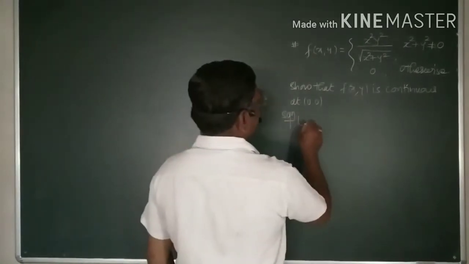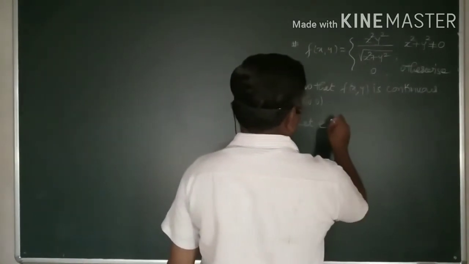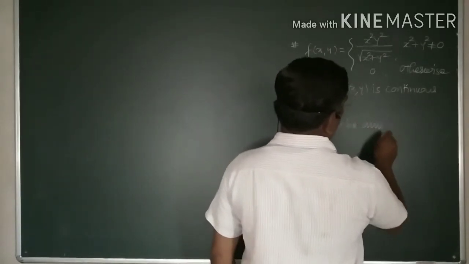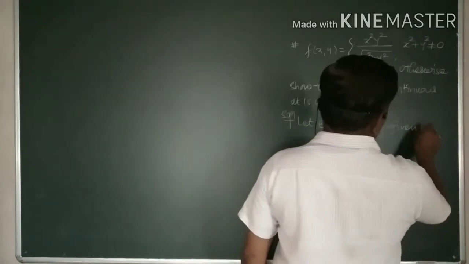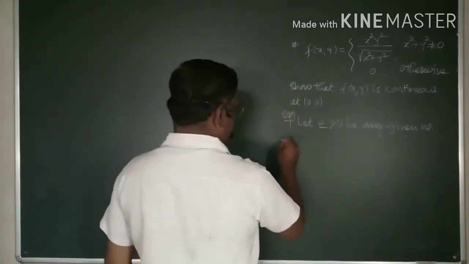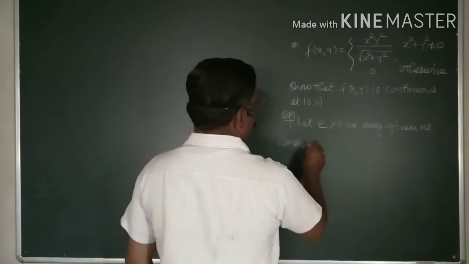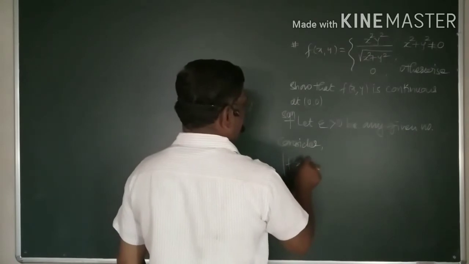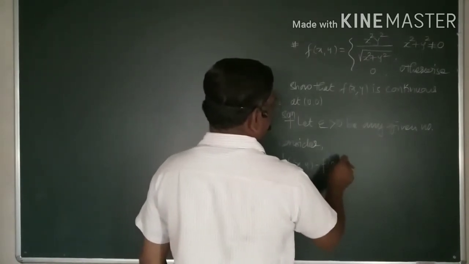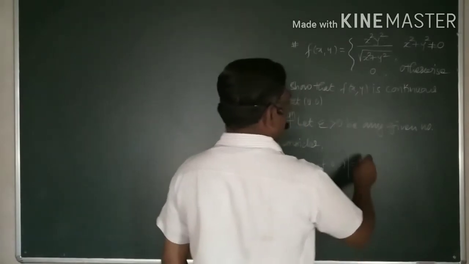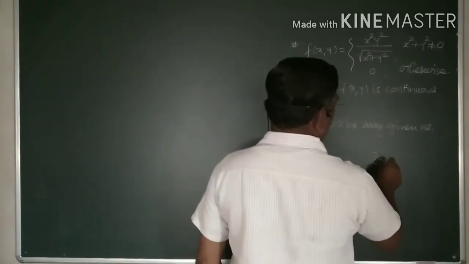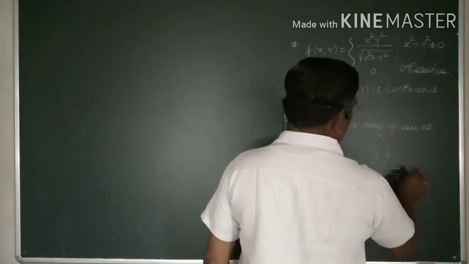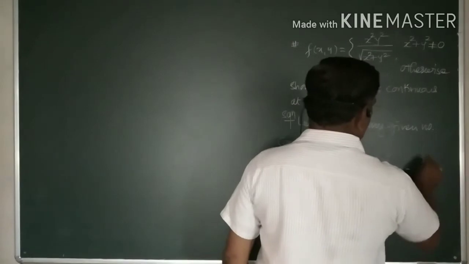Therefore, let us start with our usual case: let epsilon greater than 0 be any given number, and consider the absolute value of f(x, y) minus f(0, 0), which is equal to the absolute value of x squared y squared upon root of x squared plus y squared minus 0.